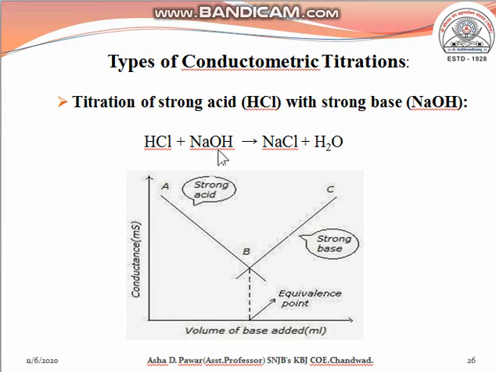So how can this conductometric titration find the equivalent point of the titration? HCl is a strong acid and NaOH is a strong base, meaning they are both completely ionized. Initially, we take the HCl in a beaker or glass container and dip the conductivity cell, that is the platinum electrode, in it, and attach the electrode to the conductivity meter.